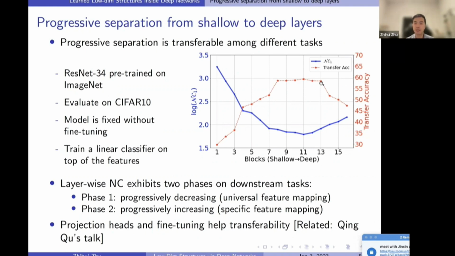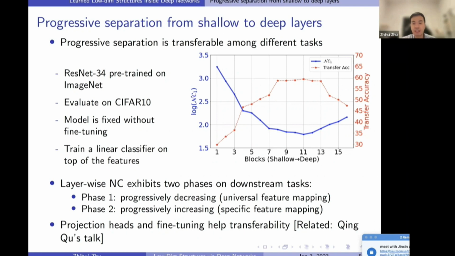We can observe that there are two phases in this layer-wise neural collapse on these downstream tasks. In the first phase, from the first layers to the 11th block, we do observe this progressive decrease in the neural collapse measures, which means that the first 11 blocks act as a universal feature mapping, which can be used for progressive separation and collapsing.